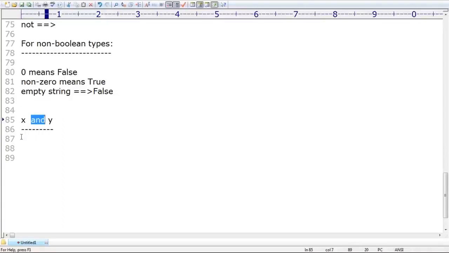Take a very special case: if x evaluates to false, then if the first one is false, the result is always false, right? So observe carefully: if x evaluates to false, then the result is x. Otherwise, it returns y.